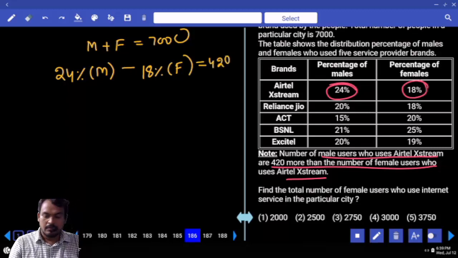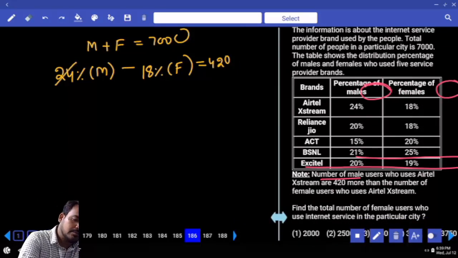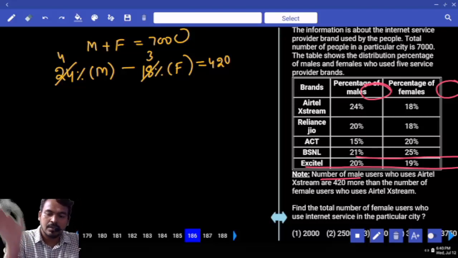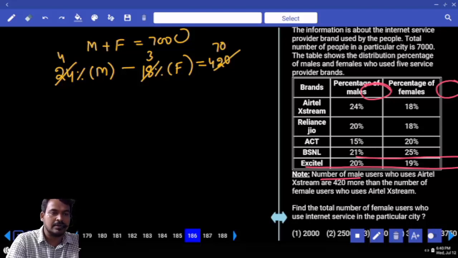First 6: how many times, 3 or 4? 4 times, and here 3 times. Percentage means the right-hand side will be multiplied by 100, and here 6 is how many times? 70. 70 into 100 means 7,000.